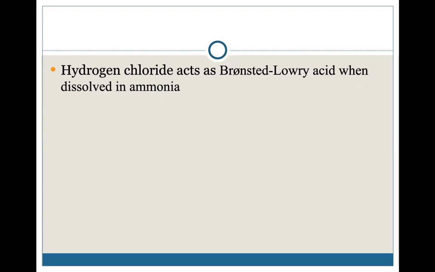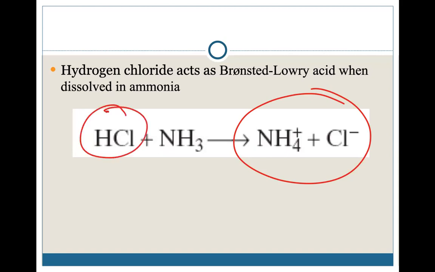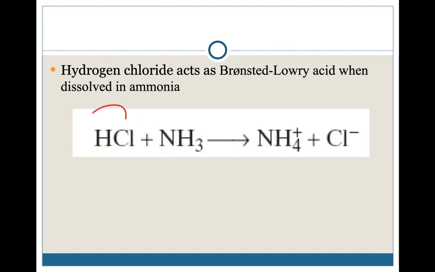So let's look at an example. Hydrogen chloride, when it's dissolved in ammonia. And this is what I was talking about last week when I said that you have to look at the products to determine what had happened. Remember when I talked about that? You compare the reactants and the products and you say, okay, what actually occurred during this reaction? So I started with HCl and I ended up with Cl.